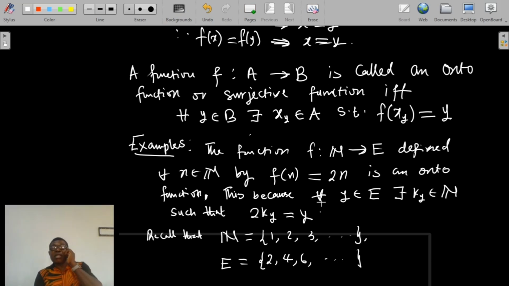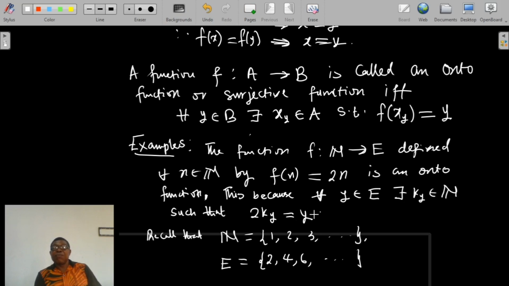So this statement is true because any y I pick in E is an even number, and since it is an even number, it is divisible by 2, so we can find a number in the set of natural numbers so that this even number can be represented as 2 times that number we found in N.